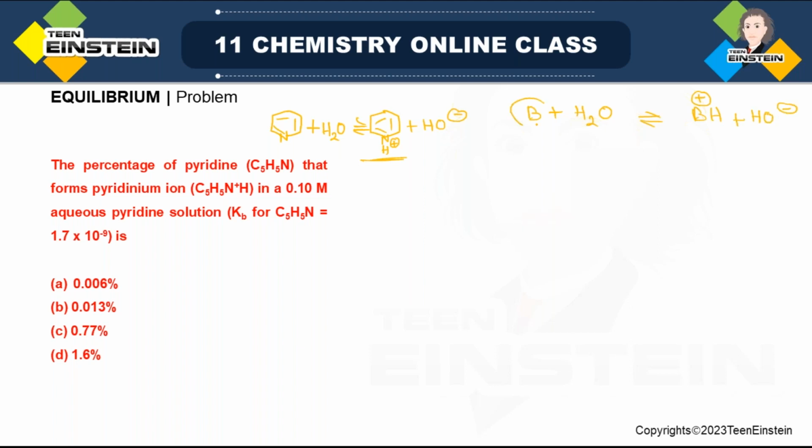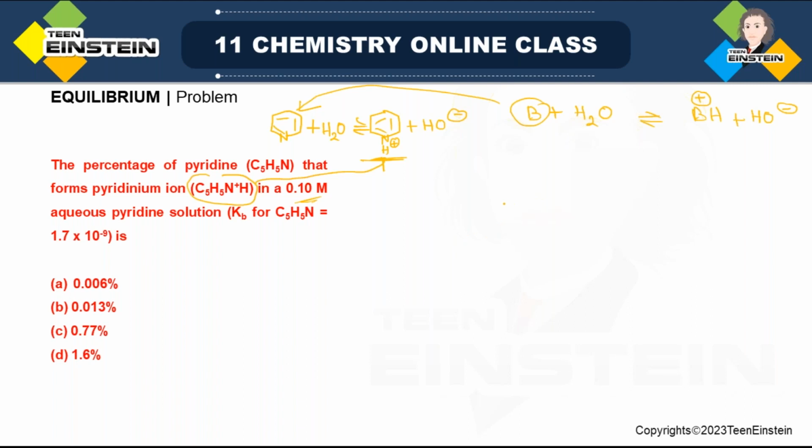So here B is basically pyridine. Percentage of pyridine that forms pyridinium ion. So the pyridinium ion is basically this one. Initially here it is 0.1 molar, that means 0.1 mole present in 1 liter.